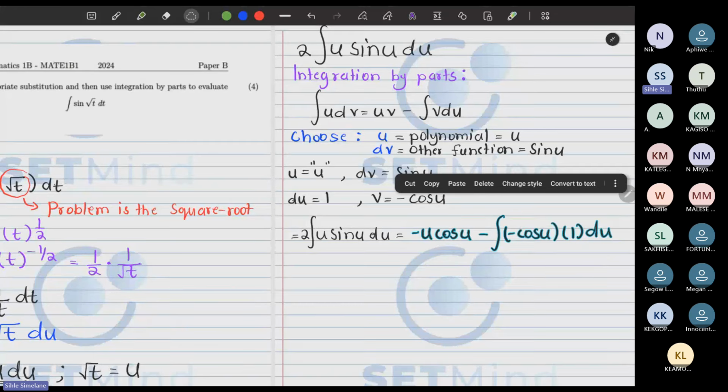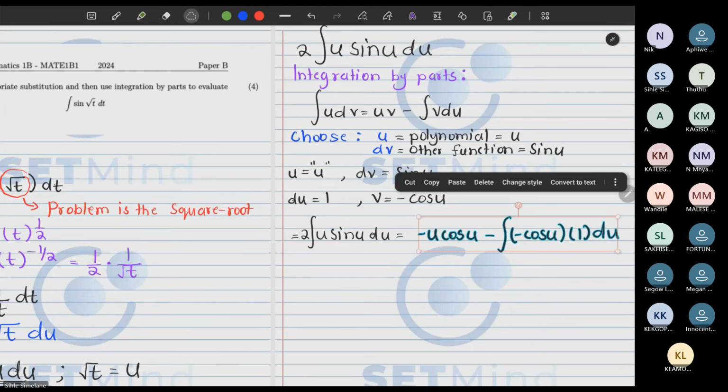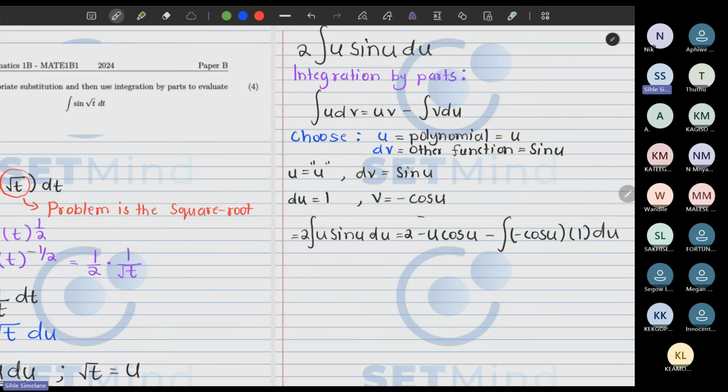The 2 is the common multiple here. So this will end up being 2 times negative u cos of u. And then outside there, we'll have negative, negative, so we'll end up getting a positive when we are integrating cos of u du.